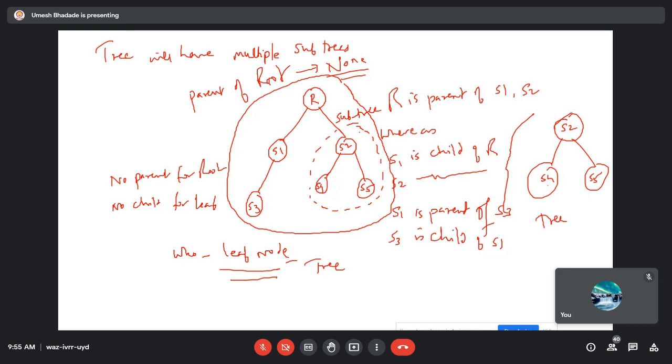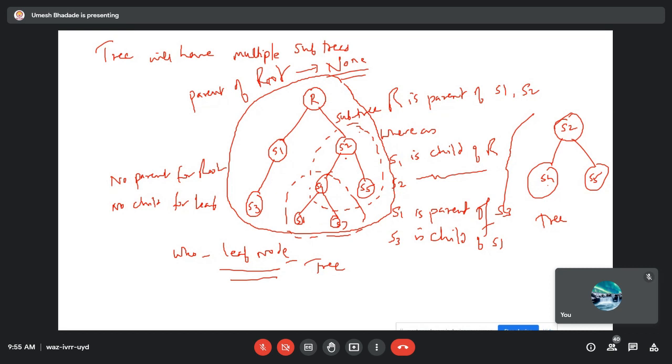A subtree may also again be composed of a subtree. अगर यहाँ पर मैं वापस ऐसे लूप बनाता हूँ, suppose S6 and S7, this will again become a subtree, right? In general, a tree will have a subtree which also may consist of subtrees, right? Any doubt?